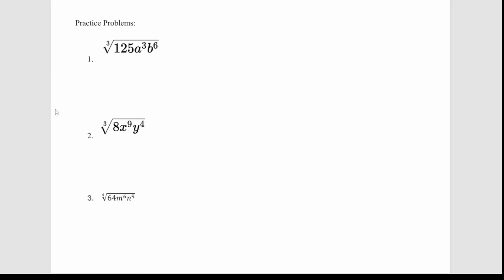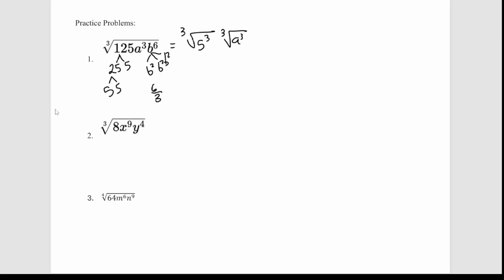If I had the cube root of 125, I should note that 5 times itself 3 times gives me 125. So I'm going to rewrite that as the cube root of 5 cubed. A to the third is already nice and neatly done: if I take the cube root of a to the third, that should just give me a. For b to the sixth, I should note that b squared times itself 3 times gives me b to the sixth.